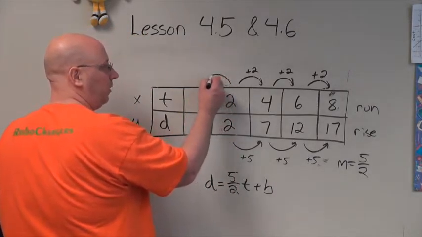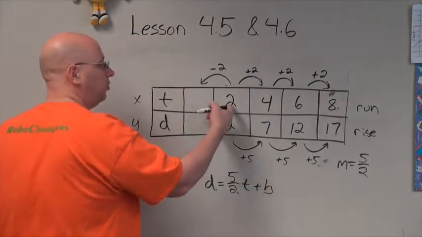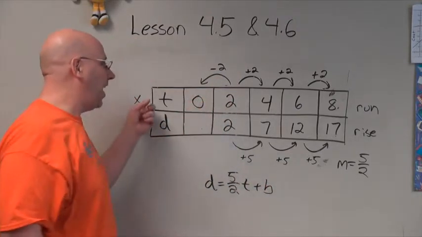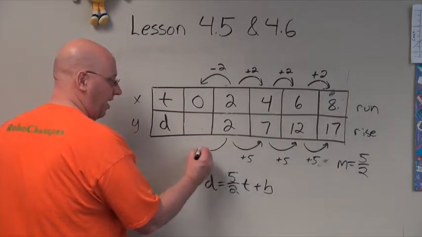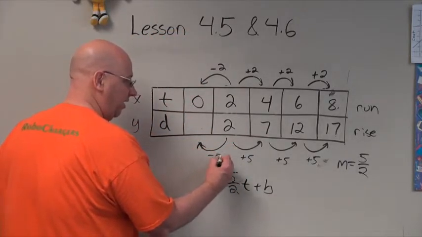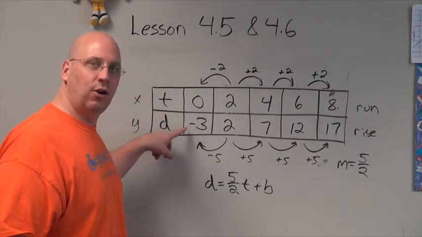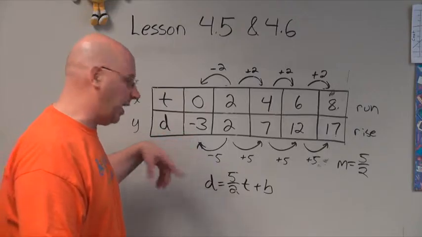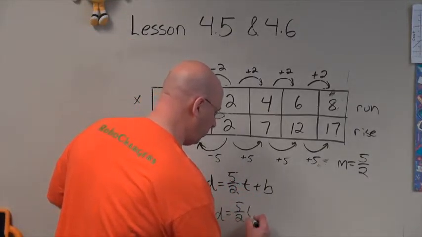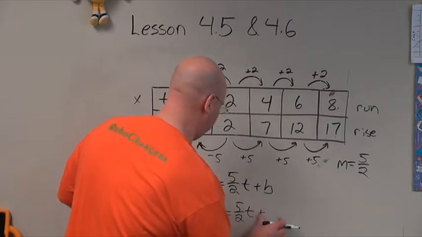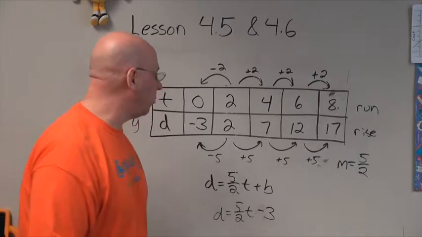Meaning, to go from here to here, I would subtract 2 because I'm going to the left. 2 minus 2 is 0. Oh, my x is 0. So that means if I take 5 and subtract 5 here, I get negative 3. There, my x value is 0. That's my y-intercept. So d is equal to 5 over 2 t plus, or I should say, minus 3. And that would be the equation.